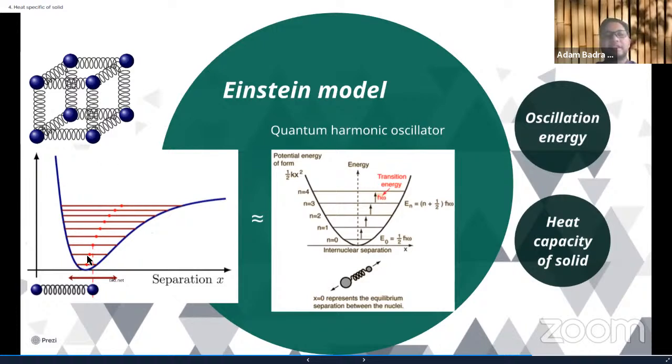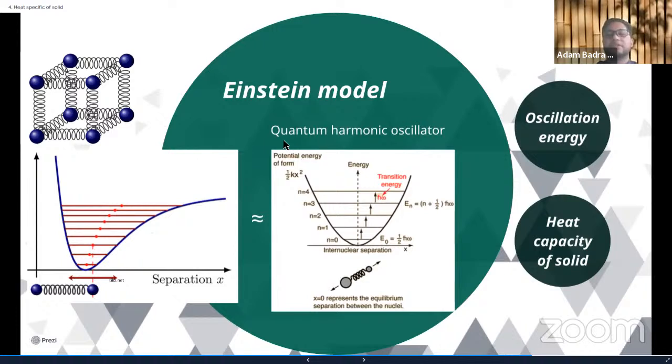Now this energy has a spectrum of energy, so what does the Einstein model do? The Einstein model approaches this energy level as a quantum harmonic oscillator, which is studied in your textbook, in Griffiths or in any other.